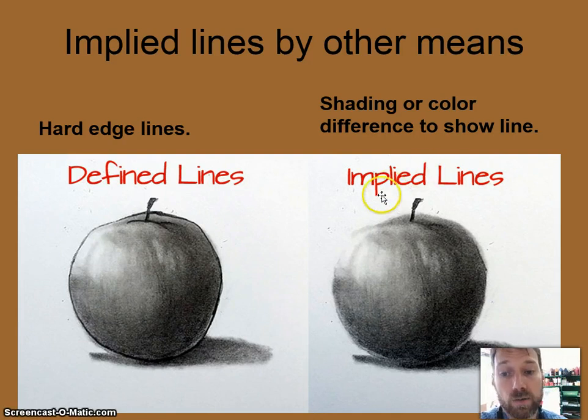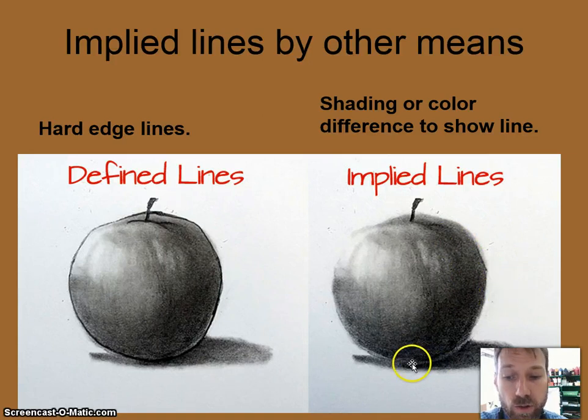However, the other picture here with an implied line based on the different colors or values of areas, you can see that right here there is no defined line, there's no hard outline of the edge, but between these two our mind tells us there's an edge, right? Because the apple is darker and the background is white.